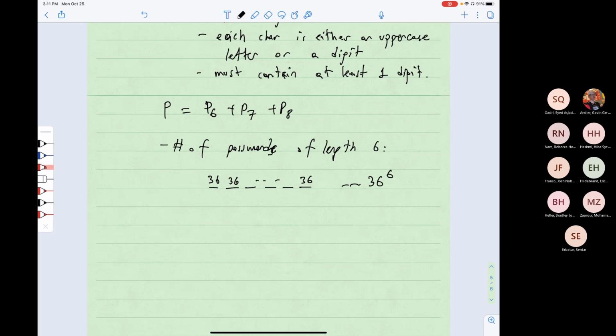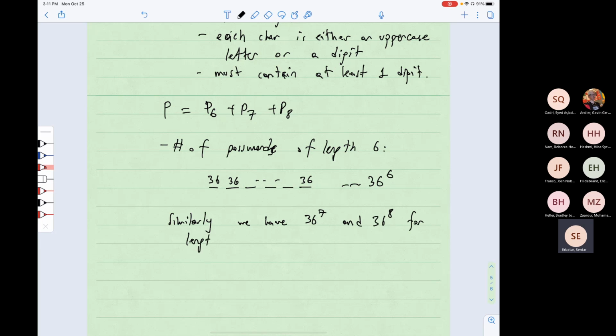Similarly, we have 36 to the 7 and 36 to the 8 for lengths 7 and 8. Okay, we found the number of all possible passwords that we can write, but it is asking us something.